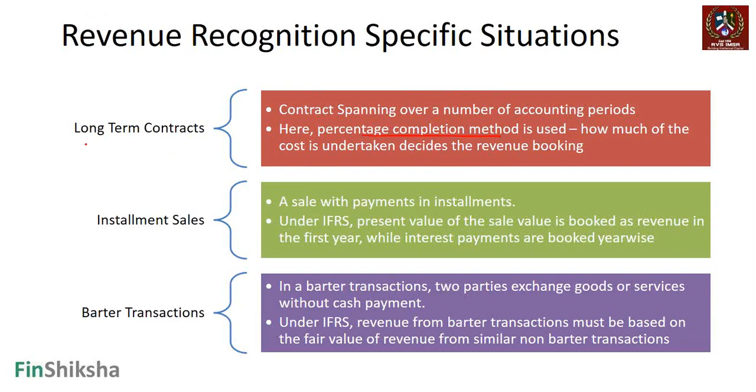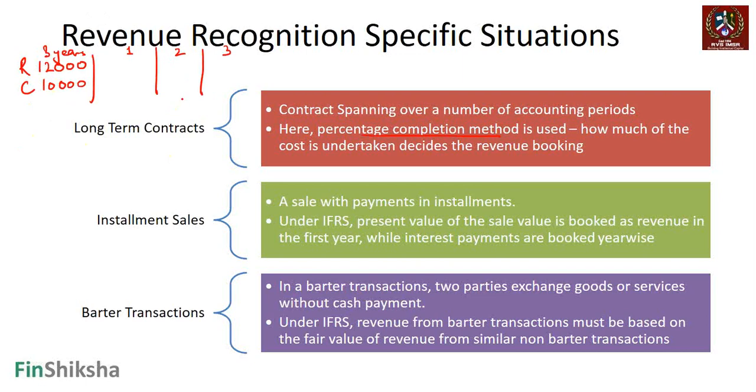Let's assume the airport is going to give a revenue of 12,000 crore, and L&T is going to take a cost of 10,000 crore. So that's the revenue, and this is the total cost over 3 years. Now at the end of year 1, 2, and 3, how do you book the revenues?